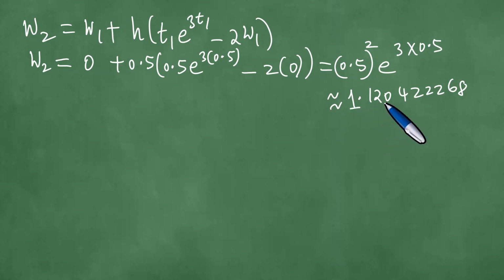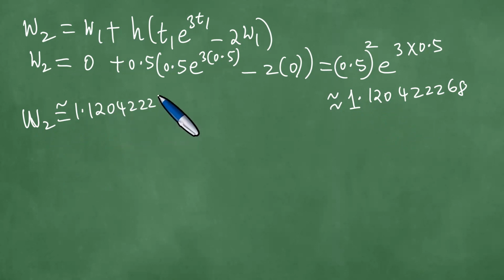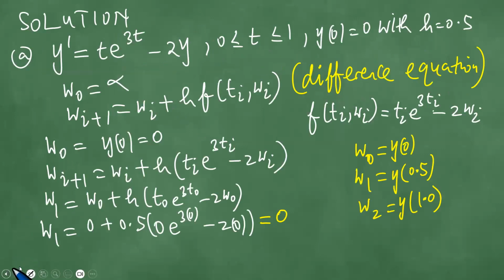So we are 1.1204, 222, three of them. Then six. Okay, right, so we got W2. So yeah, W2 is approximately 1.1204222, then 68.